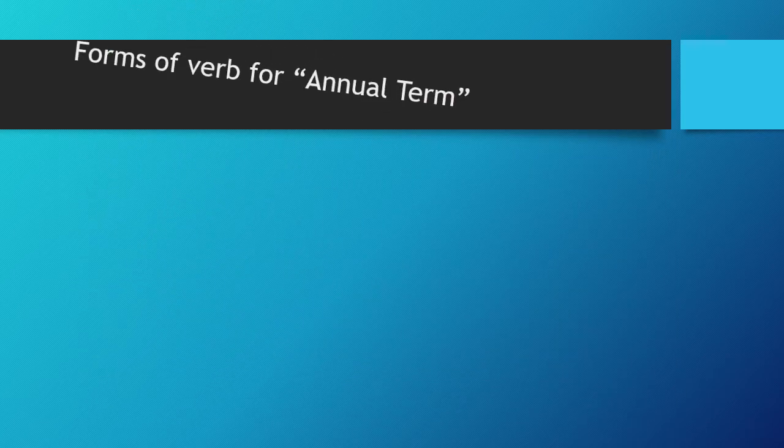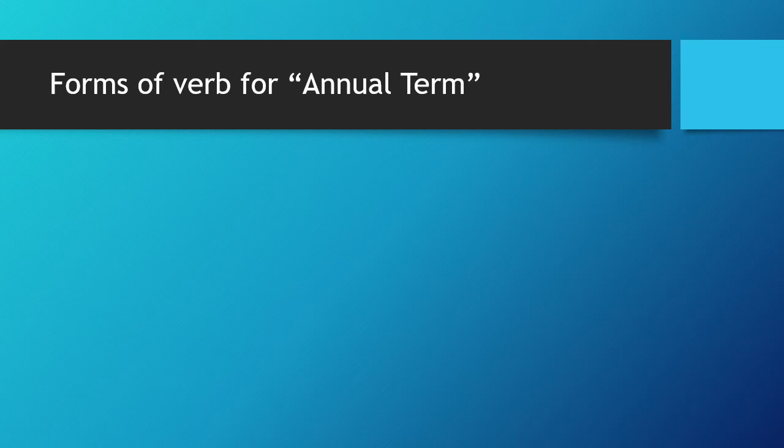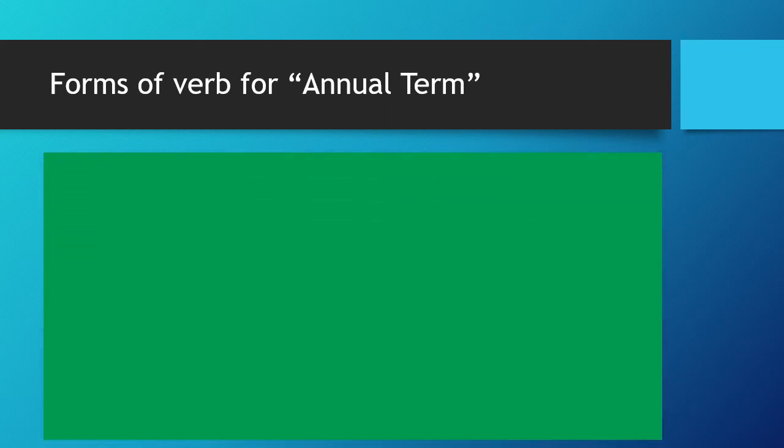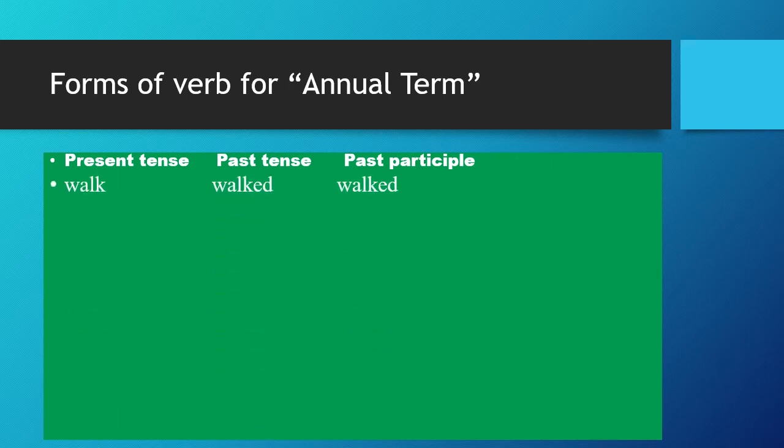Dear students, here are the forms of verb for annual term. I'll read it for you. Present tense, past tense, past participle. First one is walk. Walk means chalna. Walked, walked. Work.